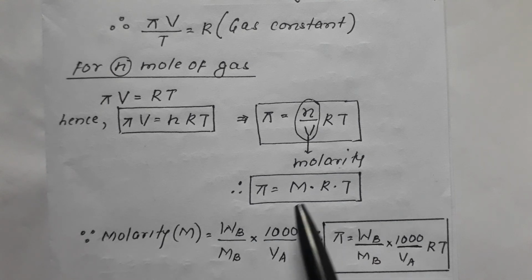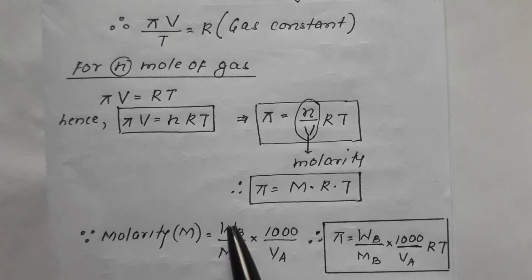Now we are aware that molarity is equal to Wb upon Mb into 1000 upon Va. What is Wb? Weight of solute upon molecular weight of solute into 1000 upon volume of solution.